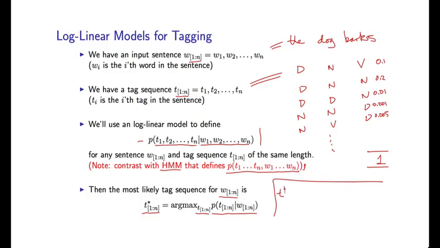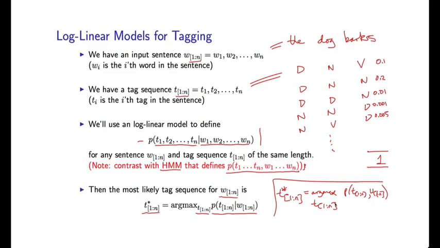In fact, we would have T star 1 to n equal to argmax over T1 to n of the joint probability of T1 to n and W1 to n. So it's really very similar, except that we're using a conditional probability in the log linear case, whereas for the hidden Markov model we had the joint probability.